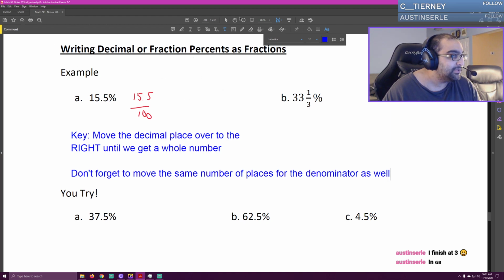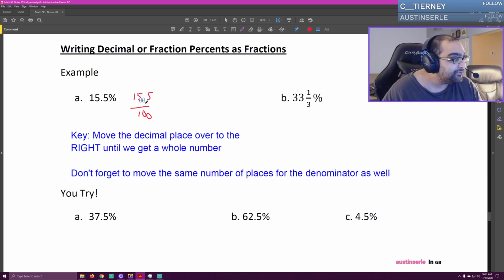Okay, so what do I mean by that here in this particular case? So here we got 15.5, and we're going to move that over 1 decimal place to the right. Therefore, this is going to now become 155. However, we're going to move the same number of decimal places here in the denominator. Since we moved 1 on the top, we're going to move 1 decimal place to the right on the bottom.